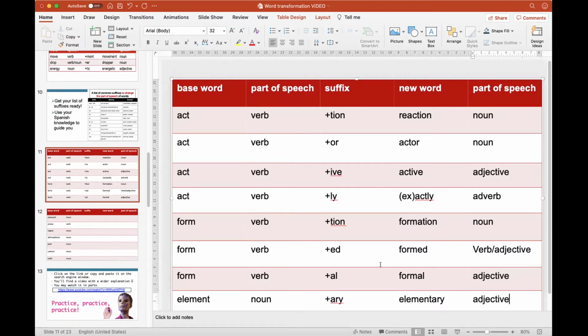Teacher, in form, we can also add a prefix: informal, informed, information, right? Yes, of course. So we added formal, but we can also even add ly, no? Formally, and then it becomes an adverb. So you can transform it like that, adjective, and then you can even add ly and get an adverb, no?